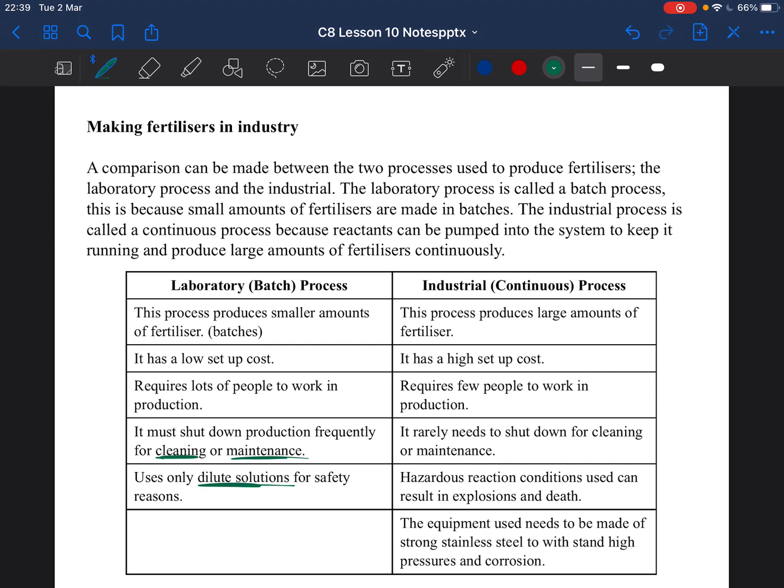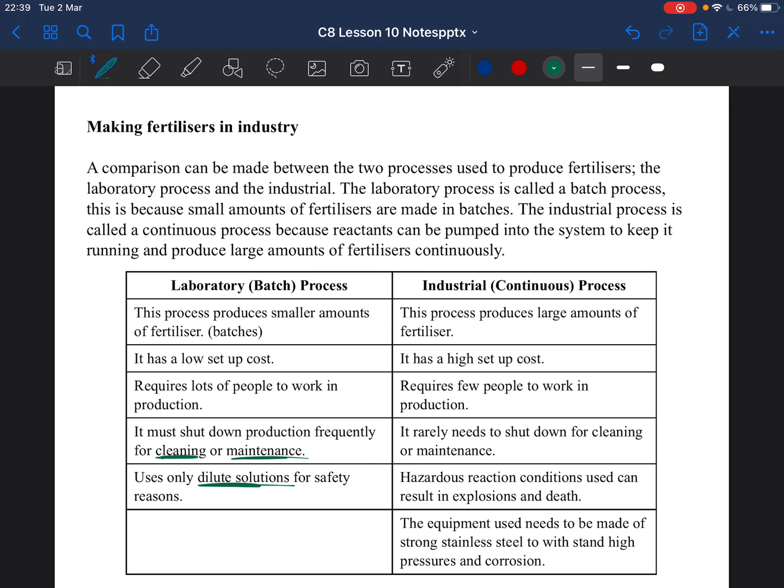Industrial processes are the opposite of this. They produce huge amounts of fertilizer in very quick time frames. The problem is it costs quite a lot to set them up, because you obviously need to buy a lot of equipment and build huge buildings and buy a lot of your raw materials to do this. But when you've got it set up, it requires few people to actually work in production.